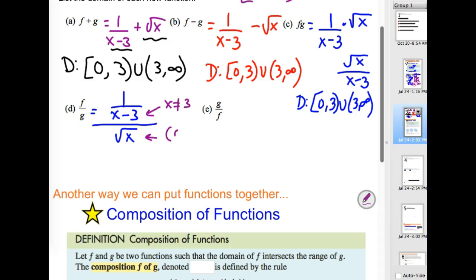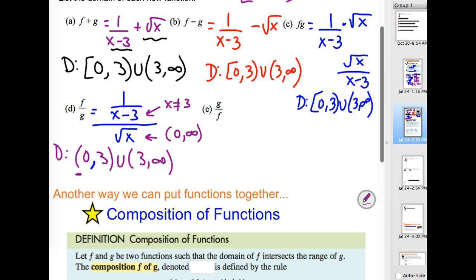So now we're looking strictly at above 0 for that. So when we combine those two, we are saying that x has to be above 0, but jumping over 3. So very similar to the previous domains. However, this is a rounded bracket here because we can't have 0 in the denominator.